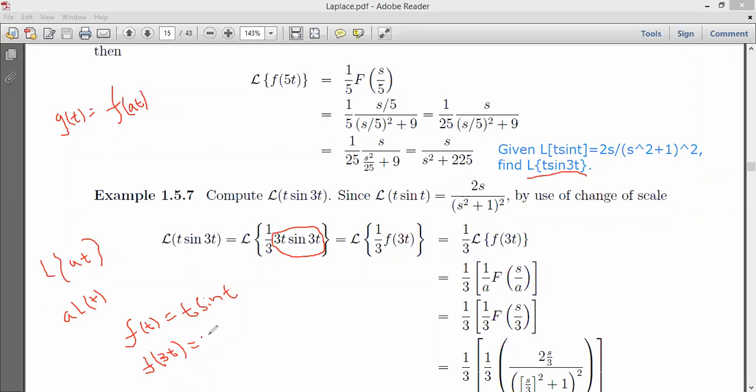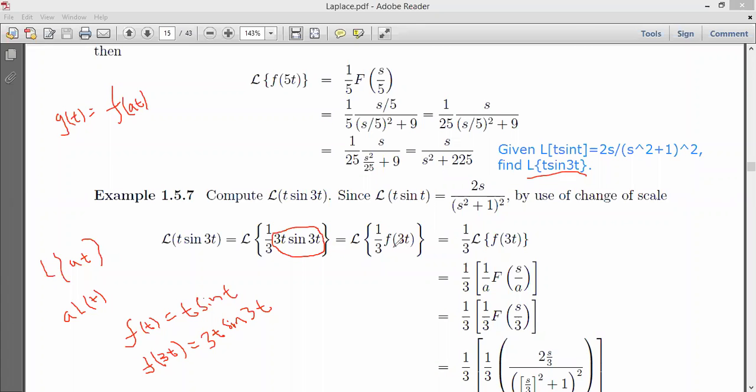This would be 3t, and this is sine 3t. That is what I have there. So to deal with this now, this is where our change of scale comes in. I have brought in this identity here and ended up with 1 over 3 now. The 1 over 3 is the term out. Then the 3t sine 3t, I've chosen to call f of 3t, which is this one here.